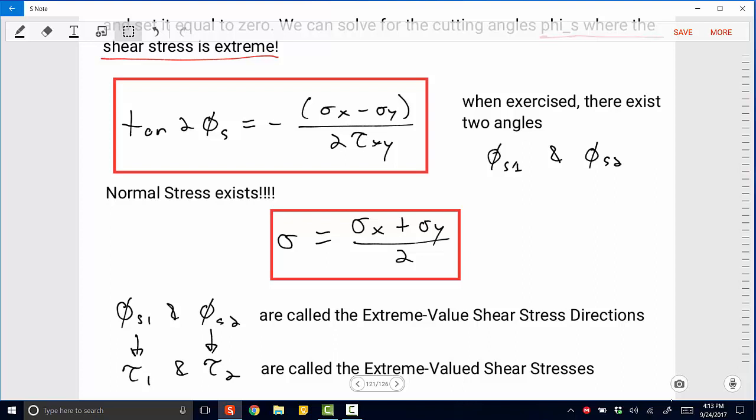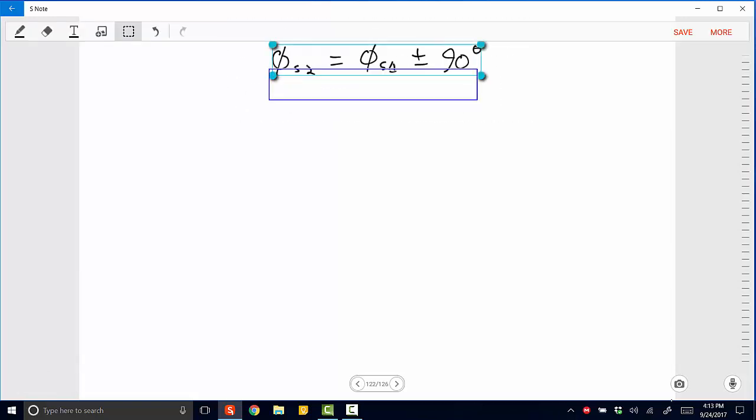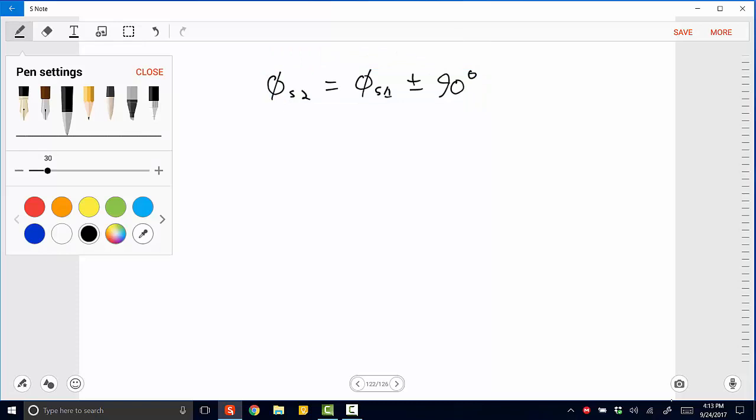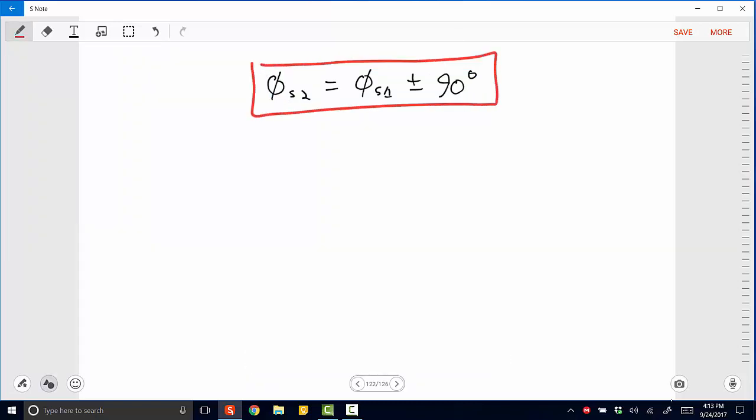Now, an important thing for us to note also is that there are two relationships that exist. One of the relationships is that phi S2 is equal to phi S1 plus or minus 90 degrees. So similar to the previous example, there's a 90 degrees relationship, plus or minus, between the angles.